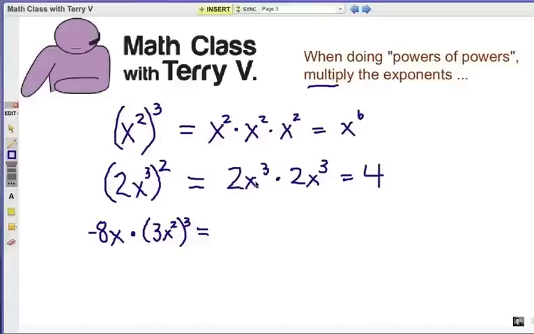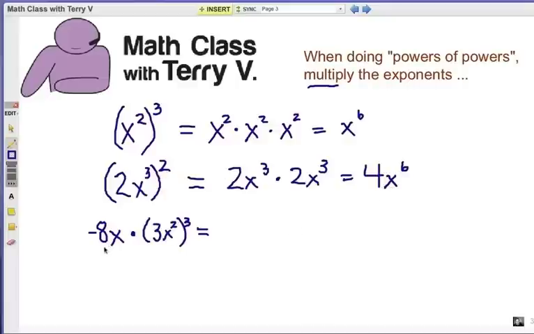And then we have x cubed times x cubed, and we have actually 6 x's multiplied together. In that case, we do add the exponents. We're not doing powers of powers from this step to this step, but we can go powers of powers from the very beginning. So it's 2 squared, that's of course 4, and x cubed squared. So that's where we multiply those exponents and get x to the 6th.